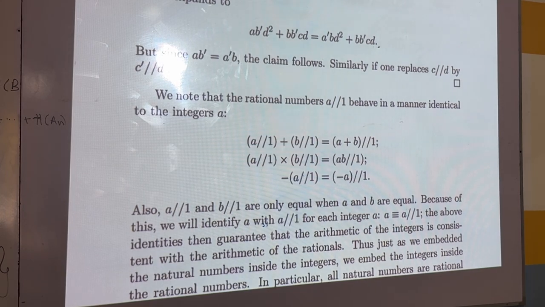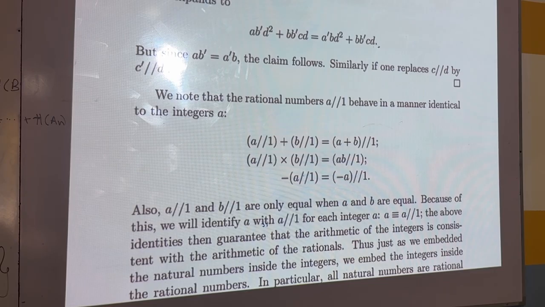We note that the rational numbers a//1 behave in a manner identical to the integers a. So a//1 plus b//1 is (a+b)//1. a//1 times b//1 is equal to ab//1 by definition.